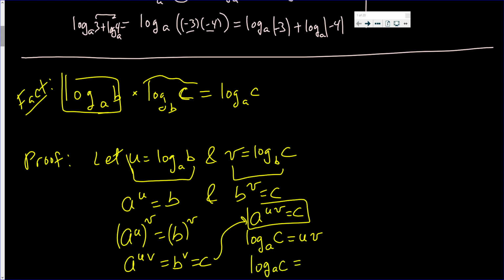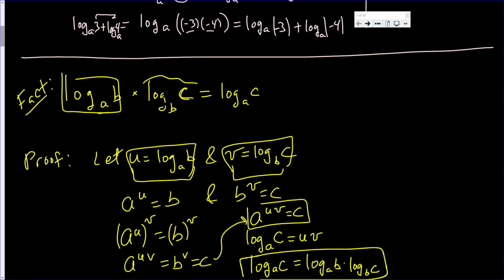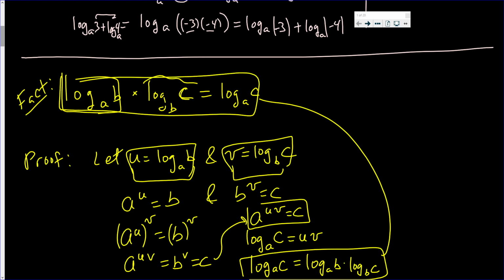Well, u is log base a of b, times v, which is log base b of c. And I proved what I set out to prove, because that's the same as this statement. So we proved it. Okay.